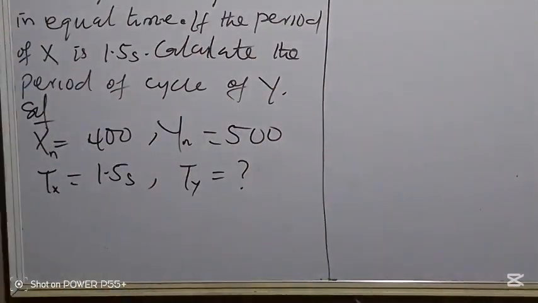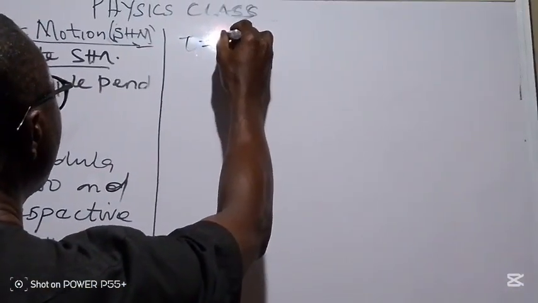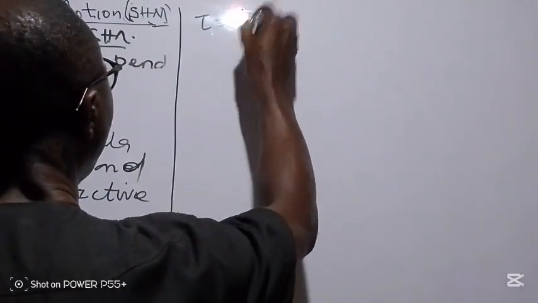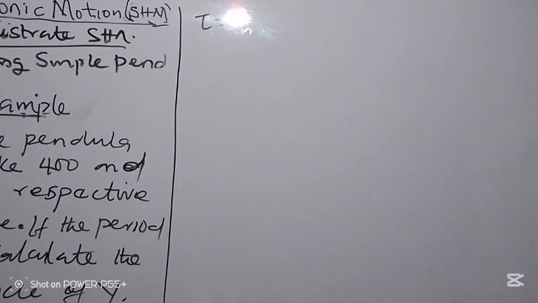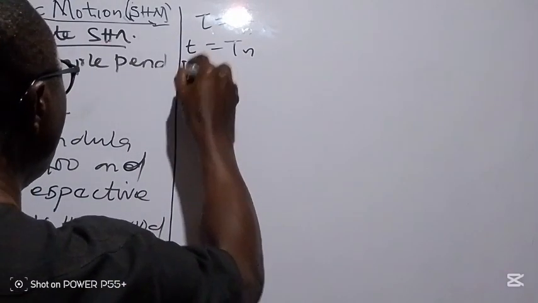From the question, now, don't forget, period is equal to time taken over number of oscillations or cycles. Therefore, t will be equal to tn. And the question says in equal time.